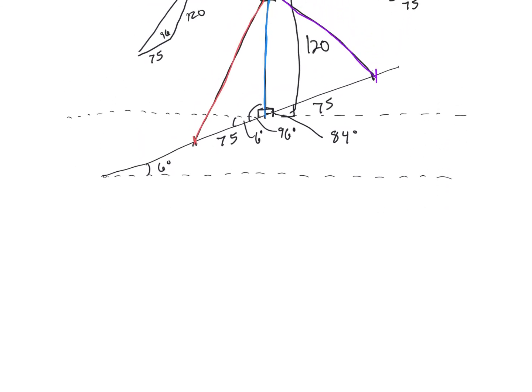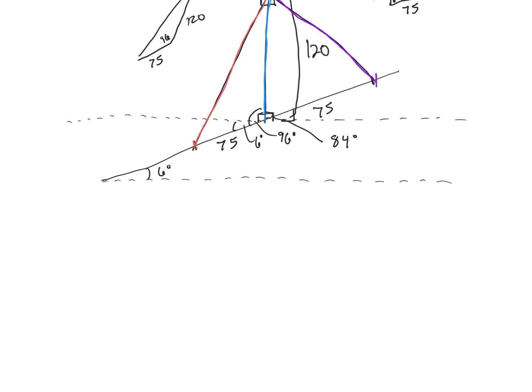I'm going to call this D1 and this is D2. So D1 squared must equal 75 squared plus 120 squared minus 2 times 75 times 120 times cosine of 96 degrees.